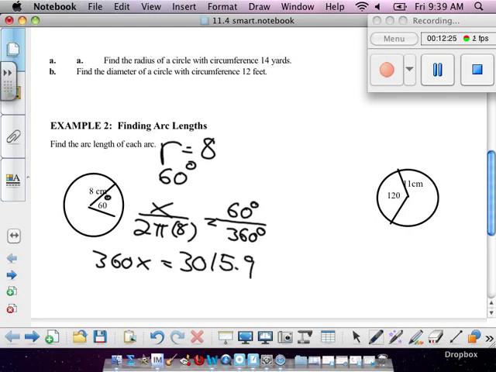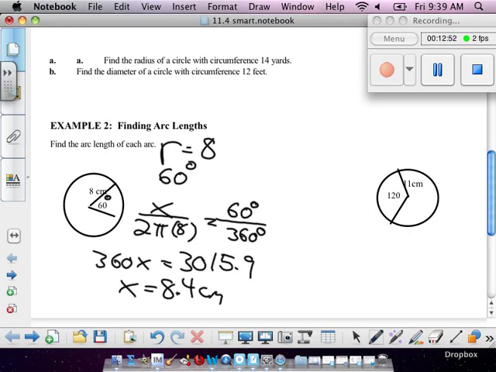And then what do I do? Divide by 360. And I get that the arc length is approximately, let's round it up to 8.4 centimeters. And we're doing the length of something, right? So we just use centimeters, not centimeters squared.